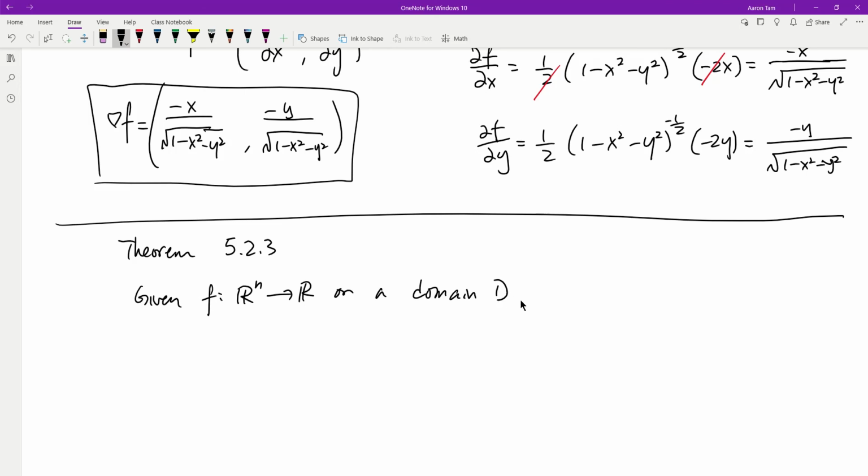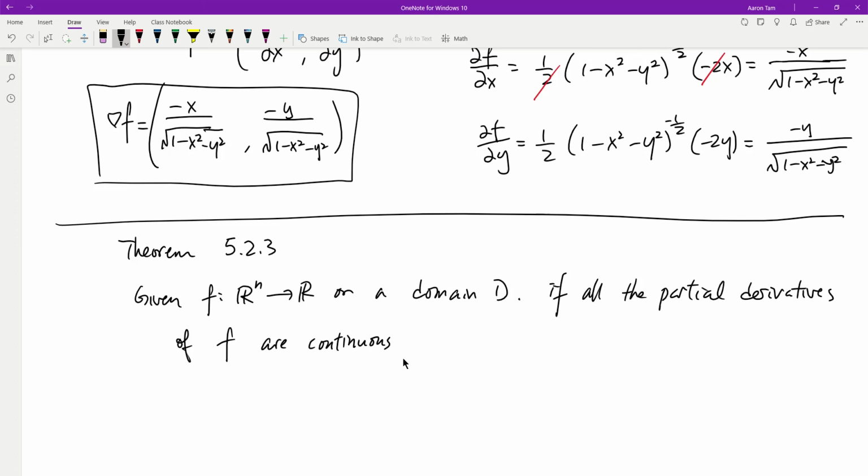On the domain D, if all the partial derivatives of f are continuous on D, then the function f is differentiable on D.